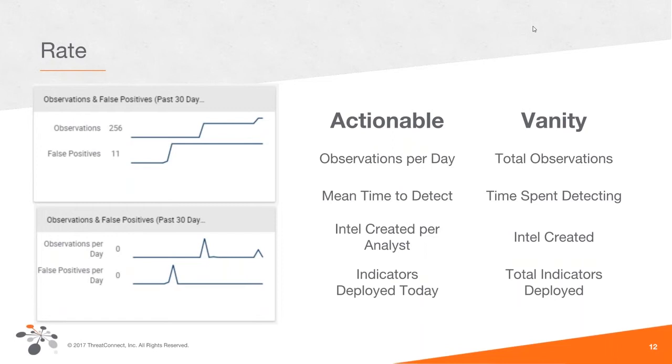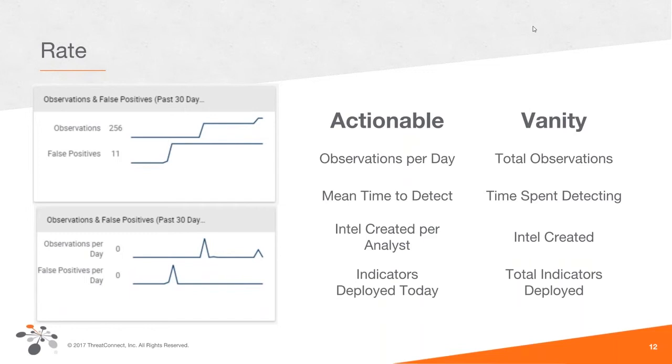Time spent detecting might be nice to report, but if you're trying to make decisions and improve process, that's why we look at mean time to detect. An average is a rate. How much intel have I created? How many incidents or campaigns am I tracking? That's great, but turning it into a rate, tracking it per analyst, gives you more insight into the specific behaviors of different analysts.